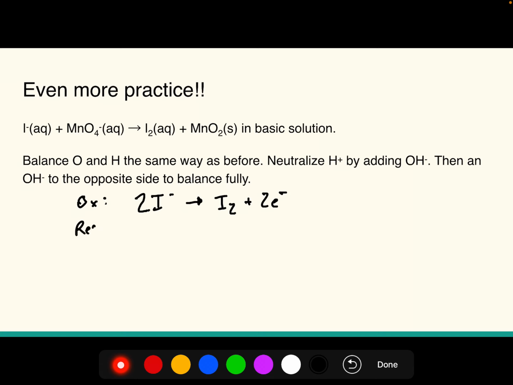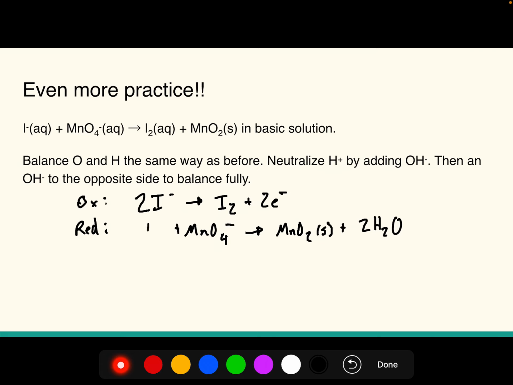Then for the reduction part, just like before, I have my MnO4- going to MnO2, and my oxygens are not balanced, so I have to add 2 H2O to get the oxygens balanced. Now I have 4 oxygens on each side.